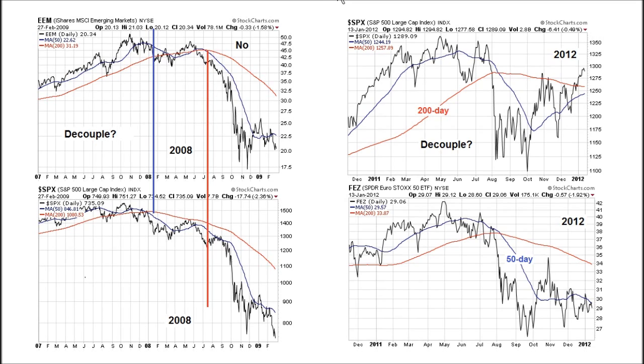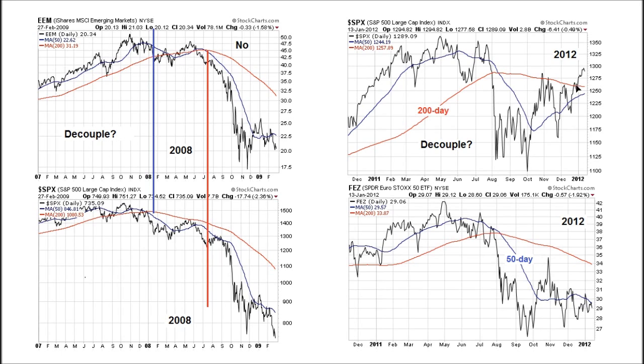To put this into context, this is the present-day chart of the S&P 500, and this is one of the European indices. So the analogy in today's world is that the S&P 500 is the new decoupling emerging markets, and the European indices are analogous to the S&P 500 in the subprime crisis.